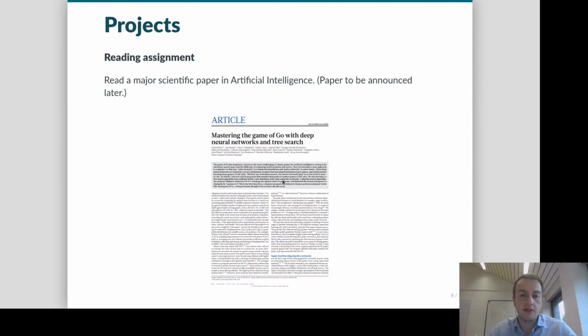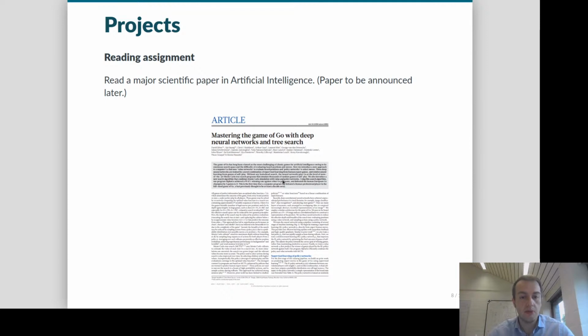In terms of projects, you will have in total 4 projects. The first one will be a reading assignment. Basically I will give you a scientific paper on artificial intelligence. The actual paper will be announced later. Your mission will be to read this paper and to understand the concepts that are explained there.